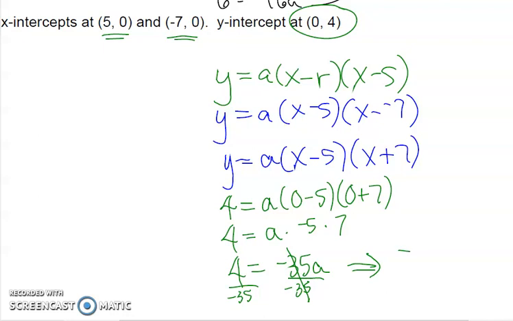So a is equal to -4 over 35. So the final equation in factor form is y is equal to -4 over 35 times x minus 5 times x plus 7.